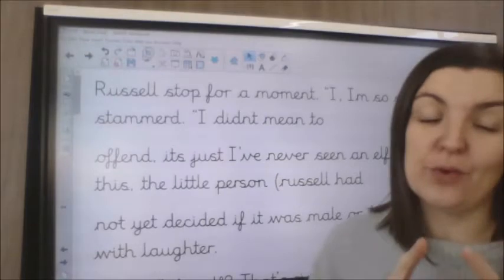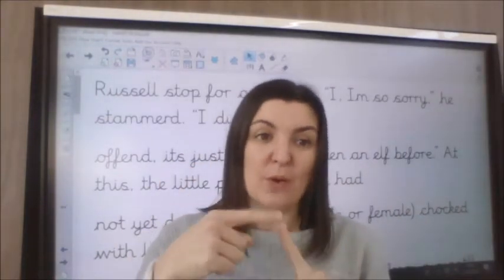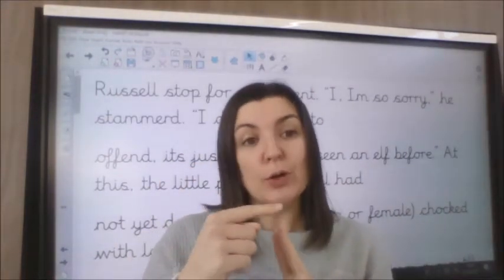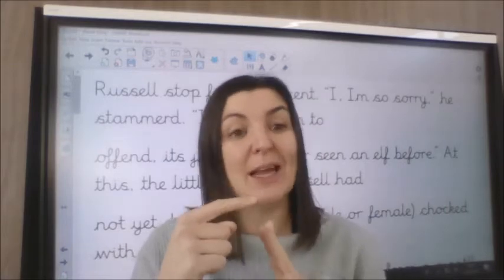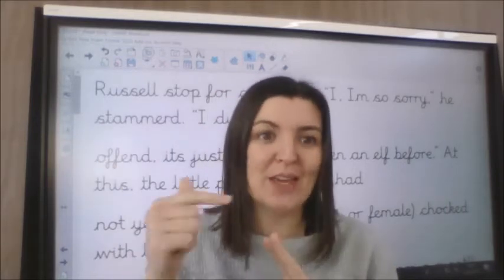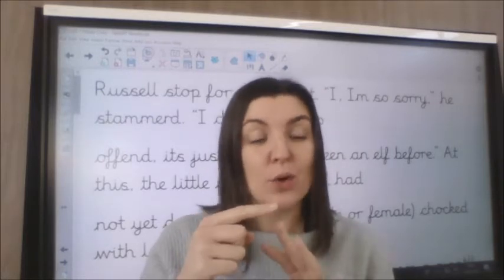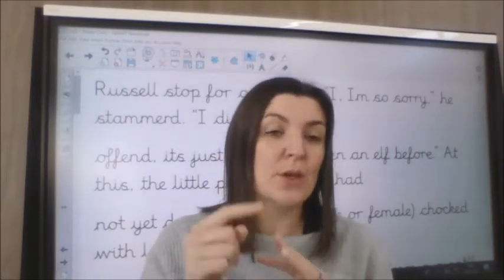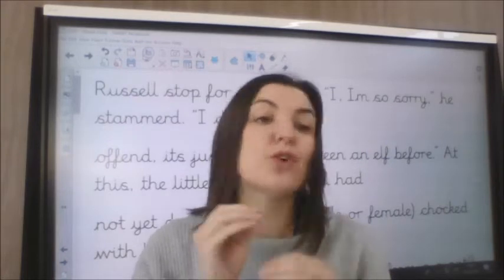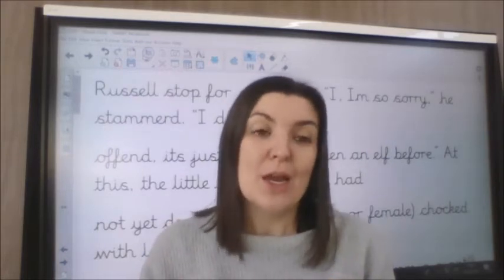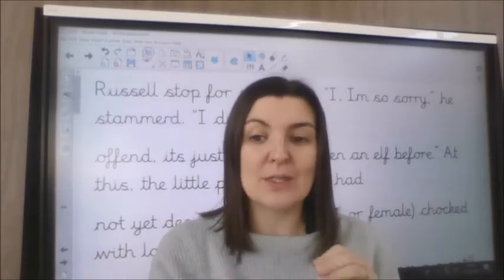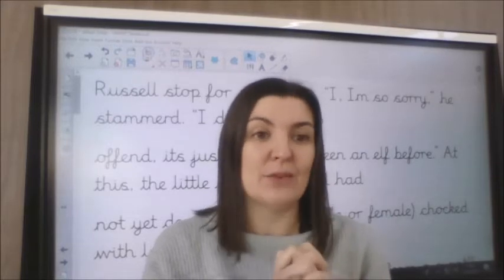So I'm going to look for, remember, spelling, so if words are spelt correctly, punctuation, so if capital letters, full stops, apostrophes, all of the punctuation is used correctly. And also the grammar, so if the sentences make sense, if the correct verbs have been used. So I'm looking for all of those things when I am proofreading my piece of text.